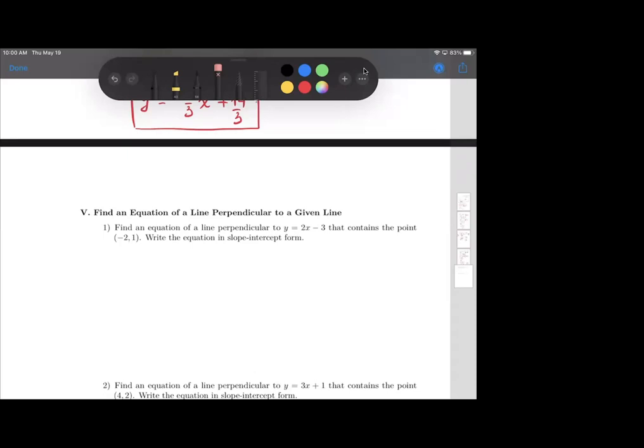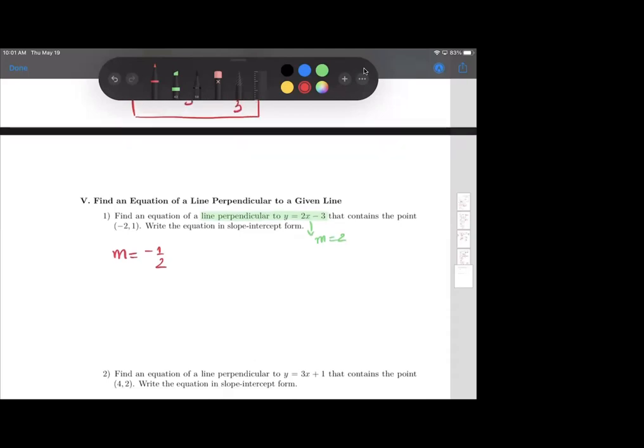Good, opposite reciprocal. So for example, the first one is perpendicular to this. So the slope I'm looking for, this m, is equal to what? Negative 1/2, right? Because it's perpendicular. And then you have a point.